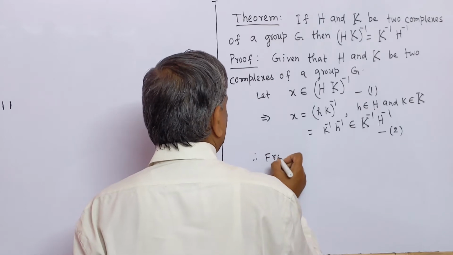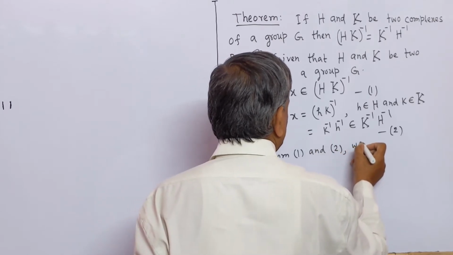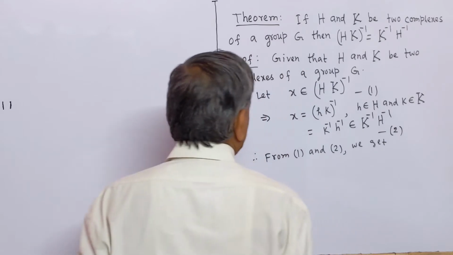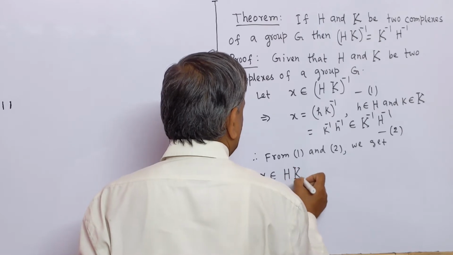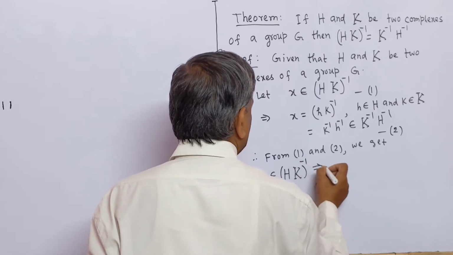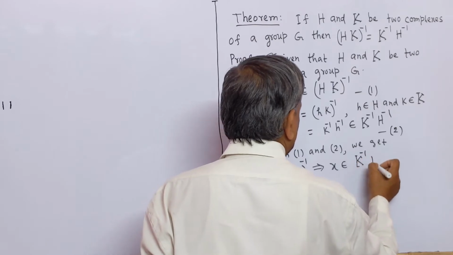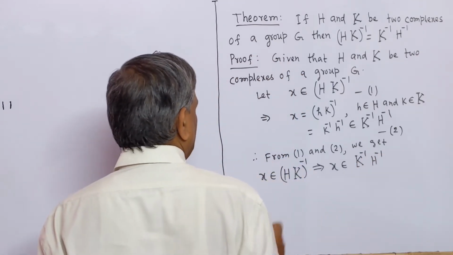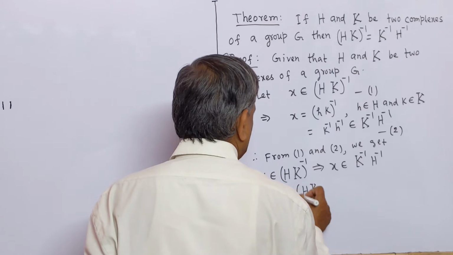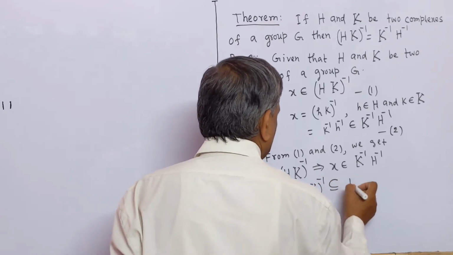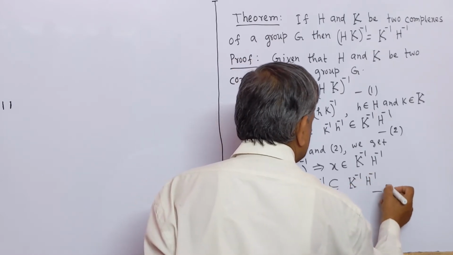Therefore, from 1 and 2, we get X belongs to (HK) whole inverse implies that X belongs to K inverse H inverse, implies that (HK) whole inverse is a subset of K inverse H inverse. This is number 3.